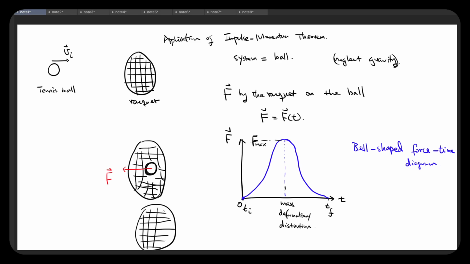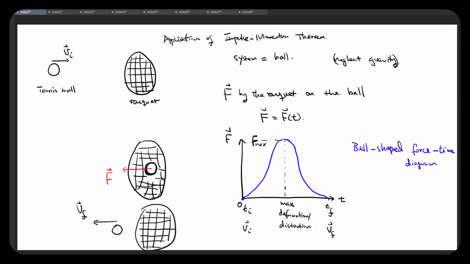Now you guessed what I'm going to say, right? The tennis ball now flies out with a final velocity. Now in this case, these two velocities correspond to this initial instant and final instant.